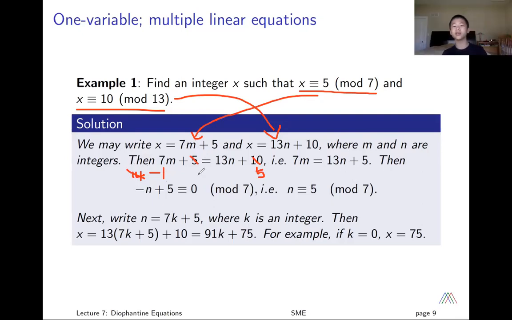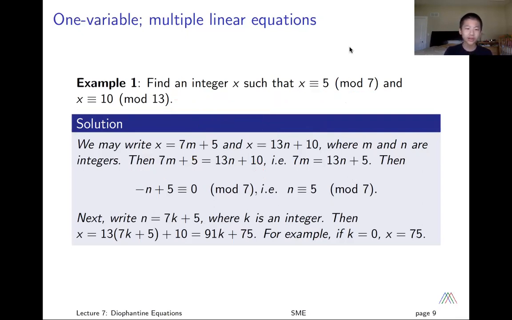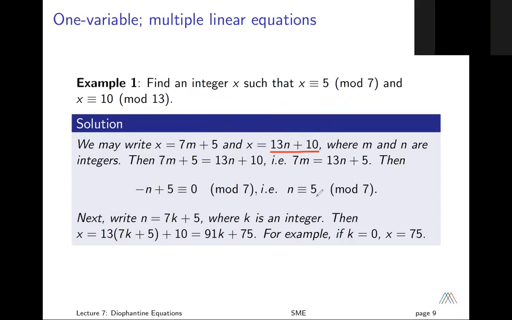And this is the same thing as n is equivalent to 5 mod 7. Then we can write n as 7k plus 5, where k is any integer. And then we can plug this back into the equation here, and we'll get x is equal to 91k plus 75. So an example could be if k is 0, then x would be 75.